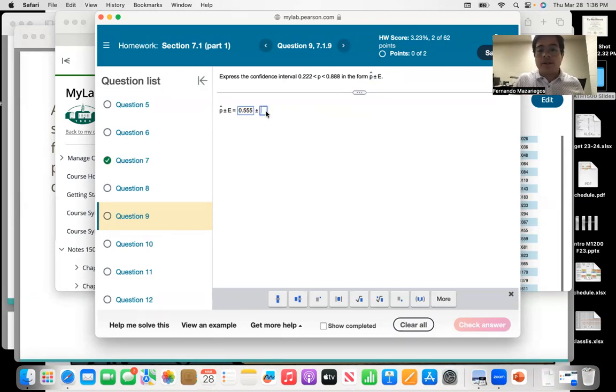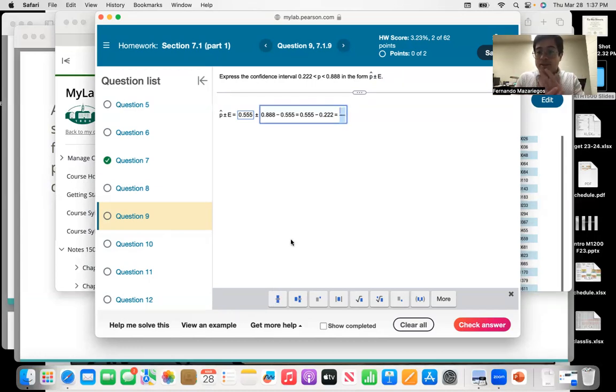And then for the margin of error, there are actually 3 ways of doing this. Maybe there are more, but I'm going to tell you 3 ways of doing this. We want to find the distance between either one of these 2 limits to the middle. So that would be 0.888 minus 0.555, or 0.555 minus 0.222.